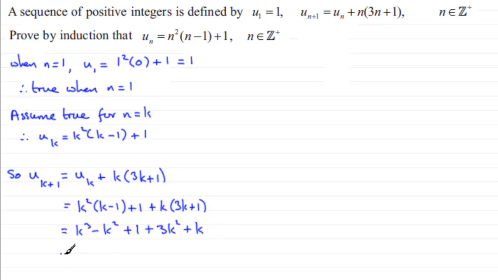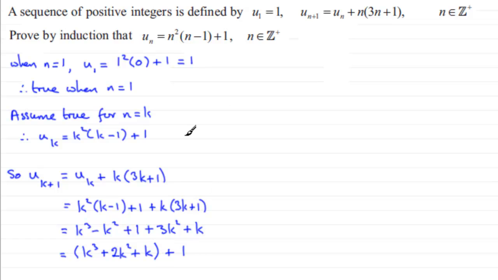And now if I put the plus 1 on the end, I'm starting to head towards this format. We've got k cubed, and then if I group up the k squared terms, plus 2k squared and then plus the k there, and then close that bracket off, plus 1.